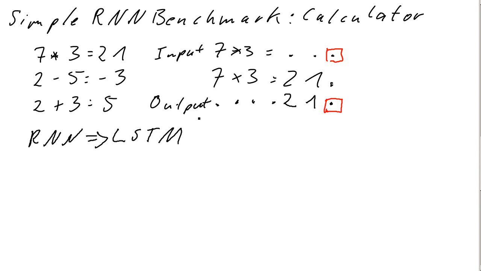This is not a recurrent neuronal network, it is a different network, but it also has a memory layer. And this neuronal network runs 100% correct. That means for every input I get the correct output, 100%.